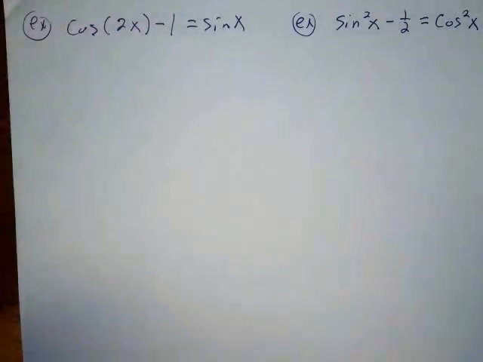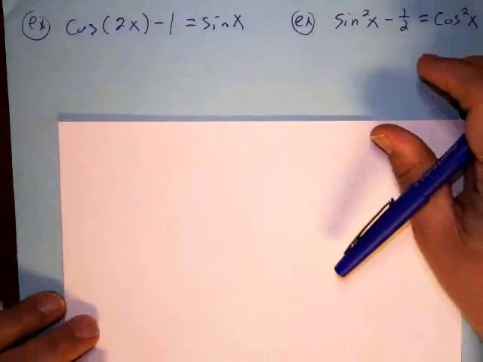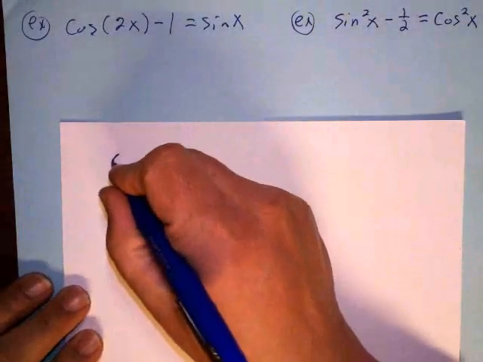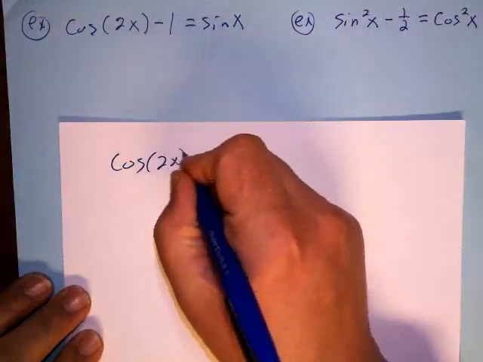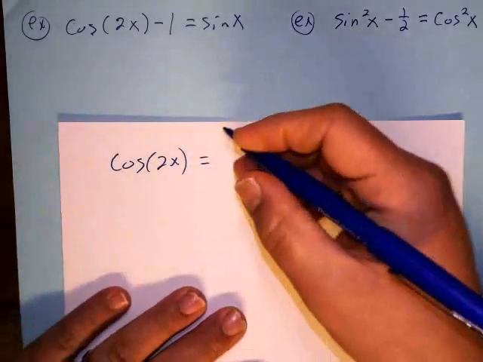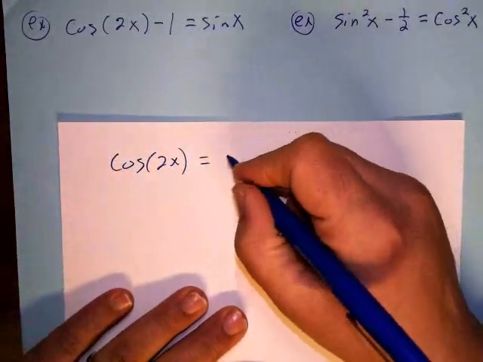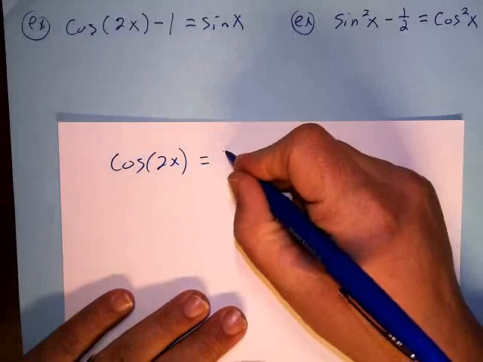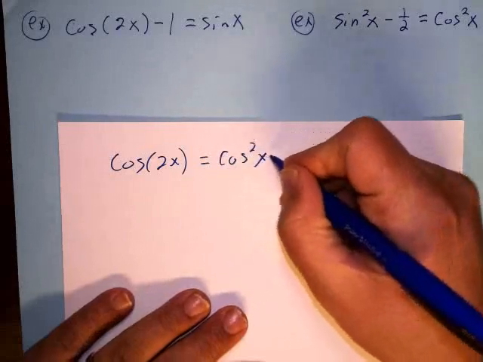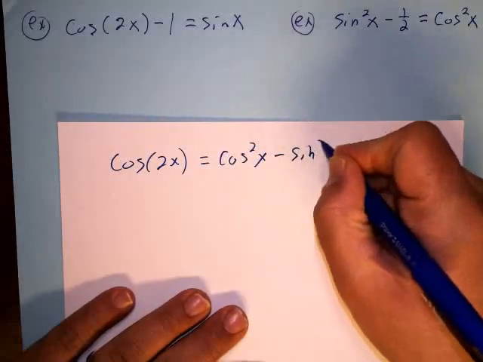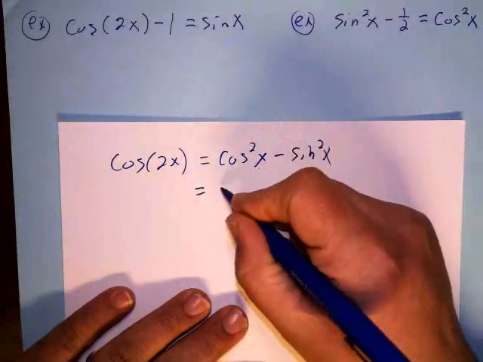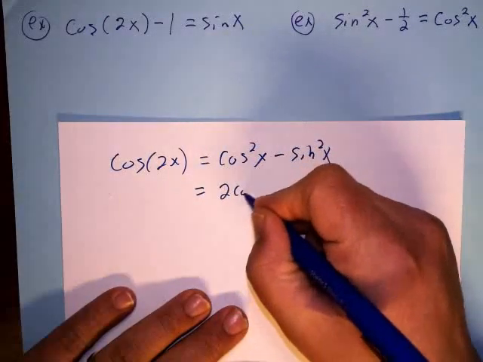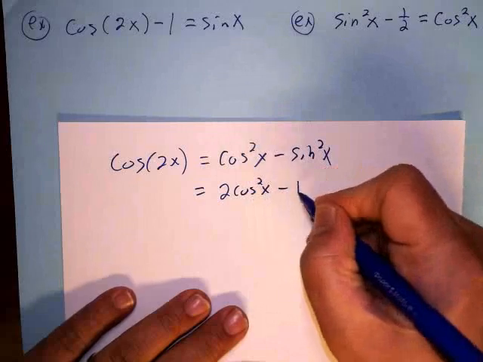And instead of writing on here in case we need extra room, let me just remind you that cosine 2x has several different identities. It could be cosine squared x minus sine squared x. It could be 2 cosine squared x minus 1.